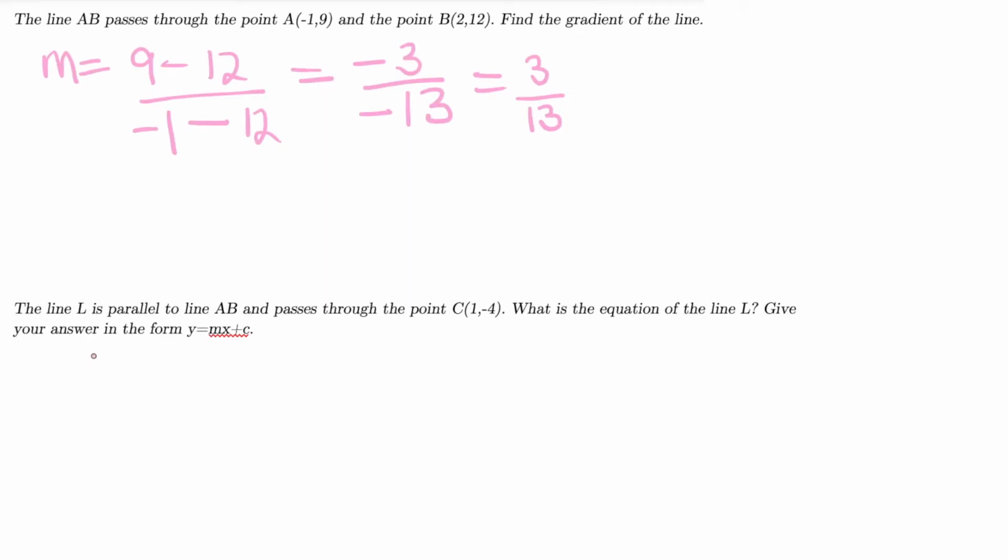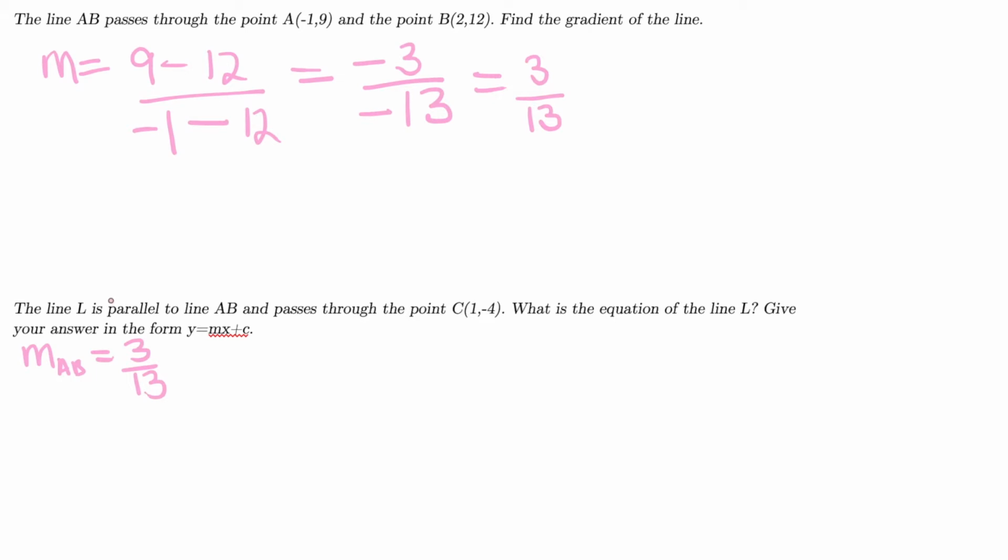The next question uses this answer. It says the line L is parallel to the line AB and passes through the point C, 1, minus 4. What is the equation of the line? Give your answer in the form y equals mx plus c. We know that the condition for something to be parallel is that the gradients are the same. So the gradient of AB, let's call it MAB, is 3 over 13.